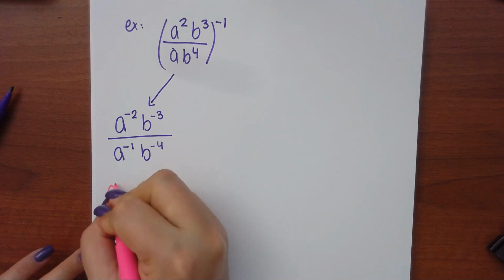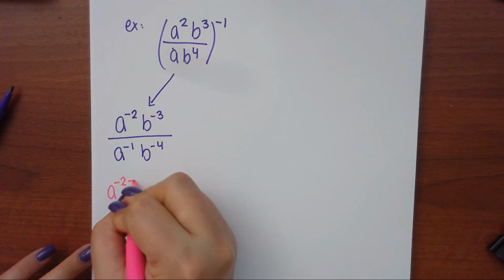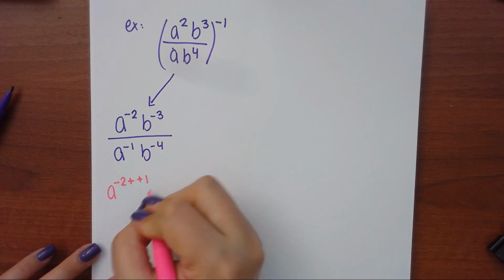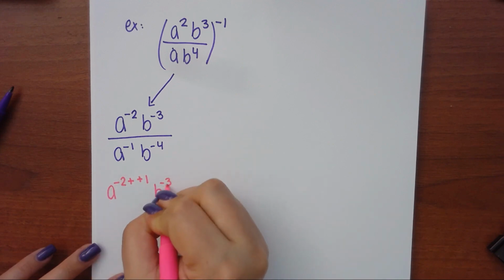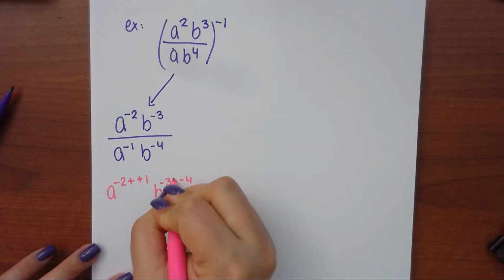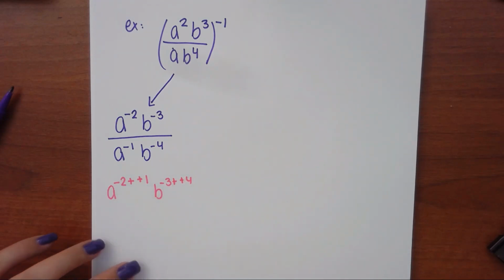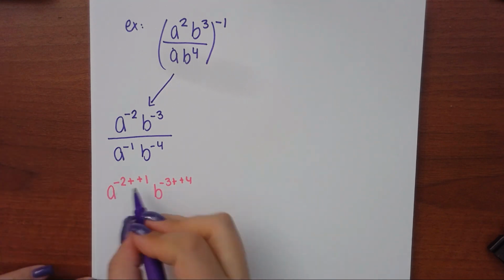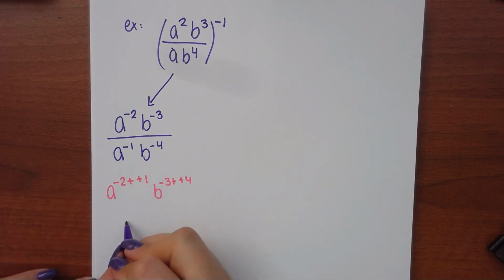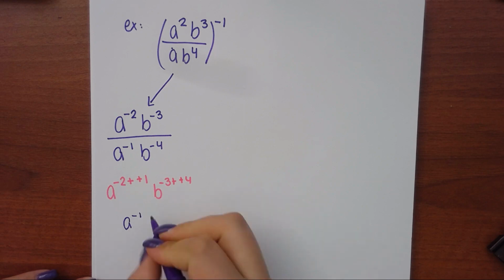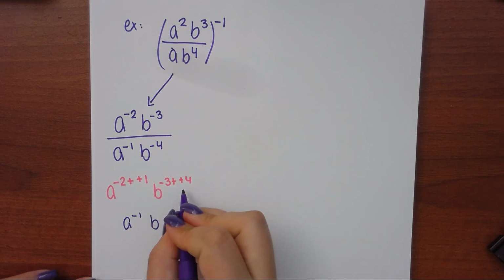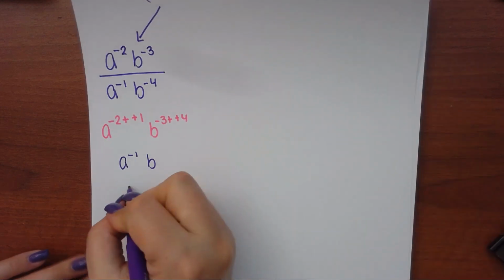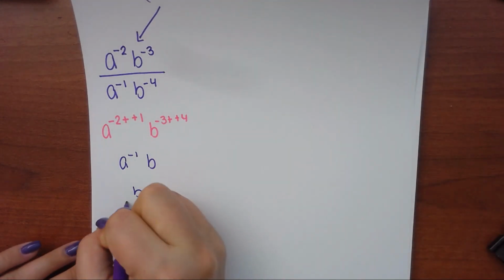So I have a to the negative 2nd minus a negative 1, which is going to give me a positive. And for the b's, it would be the same thing, negative 3rd minus a negative 4. This is why I wouldn't prefer this method, because it gives you a lot of negatives and it's a little messy. But here I have a to the negative 2nd plus 1, which is a to the negative 1st, and b to the negative 3rd plus 4, which is b to the 1st. So my final answer would be a fraction, b over a.